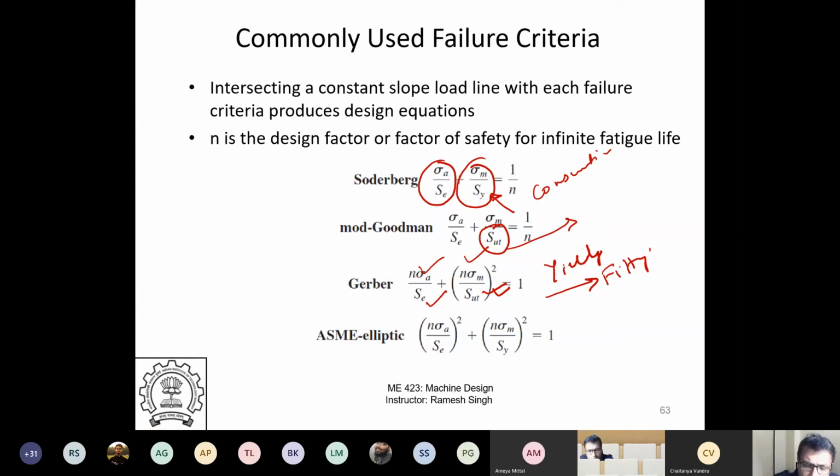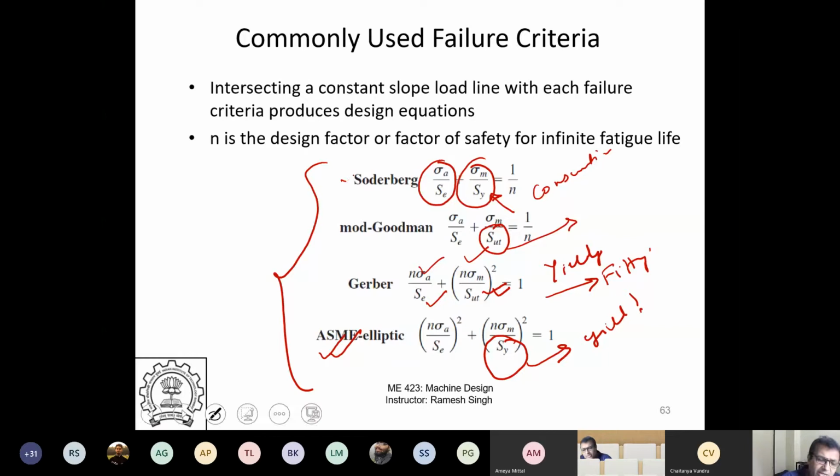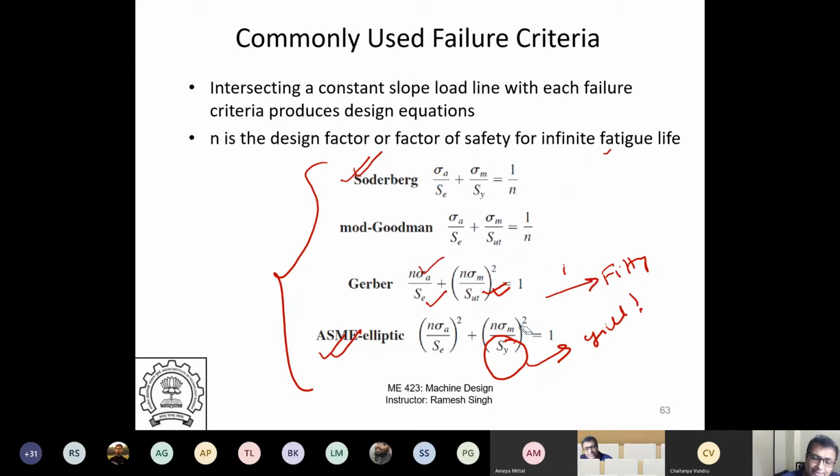Now, here what happens is in ASM elliptic, you also check for yield. So these are the differences between these. This is the most recent one, ASM elliptic. And this is the oldest one and most conservative one. And this N you see is the factor of safety.